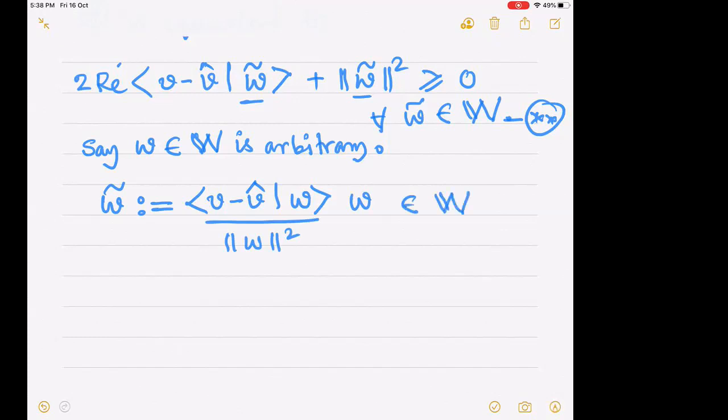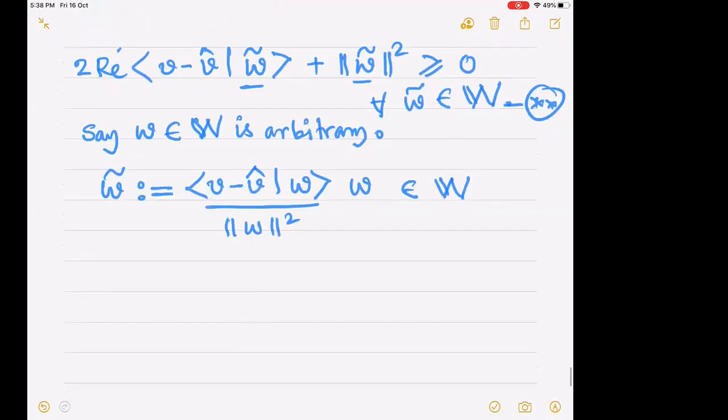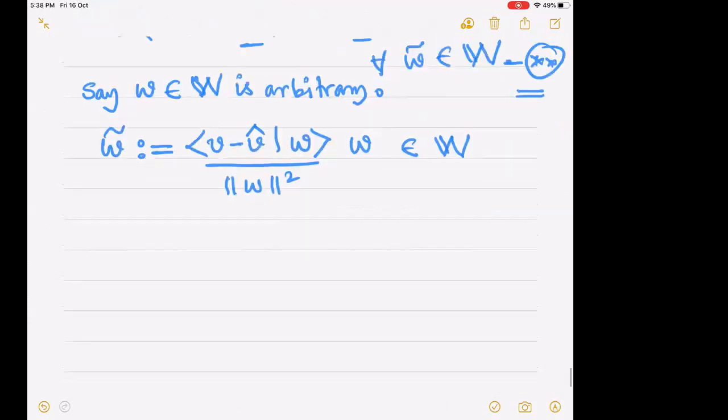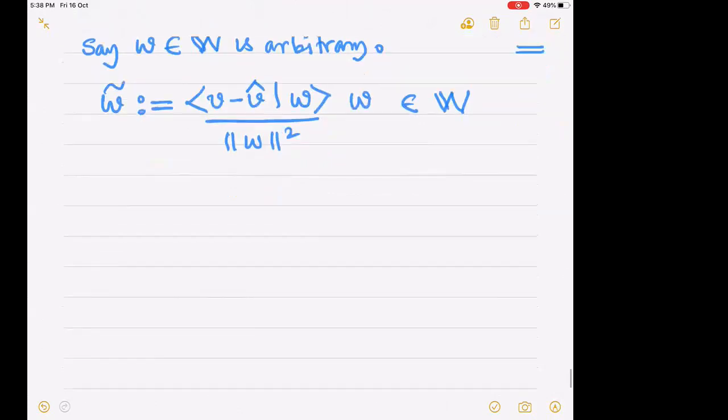So then let us evaluate the terms in the inequality given by double star. What do they evaluate to for this particular W tilde? First we notice what happens to the inner product part. What happens to V minus V hat inner product W tilde?